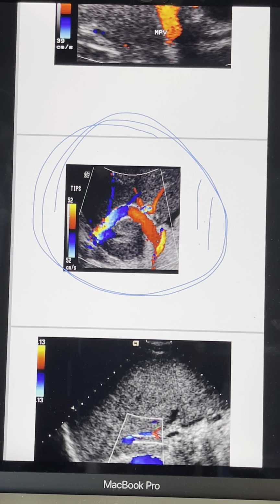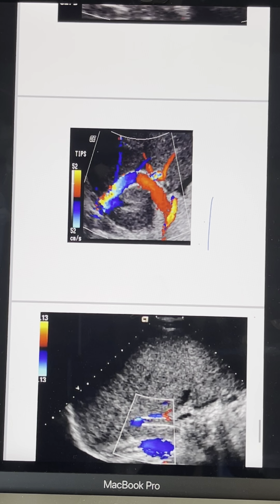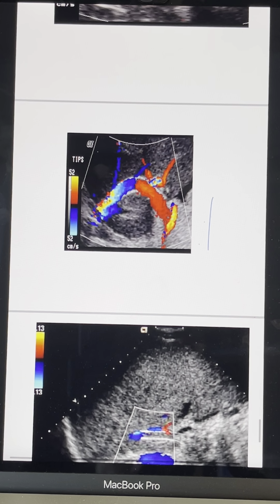There was a location on the side between the ribs I showed you. Through that location, you are going to see this red color portal vein and blue color TIPS, if TIPS is present. So that's a typical location for looking for TIPS.